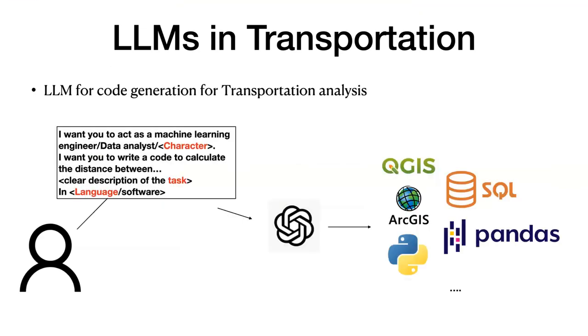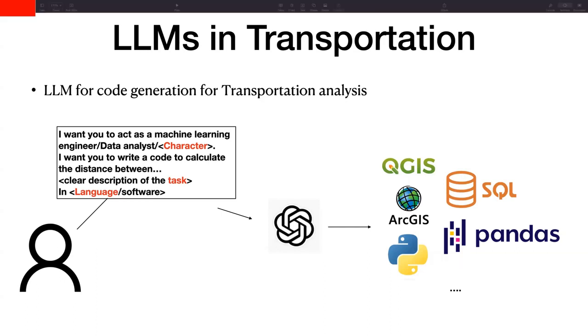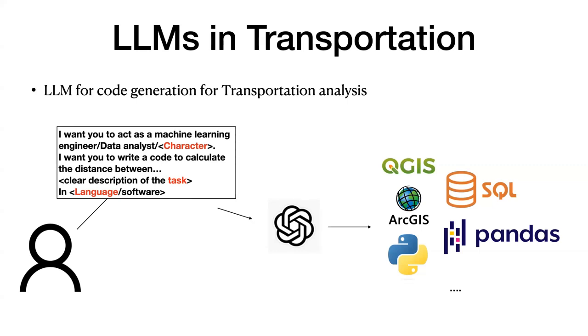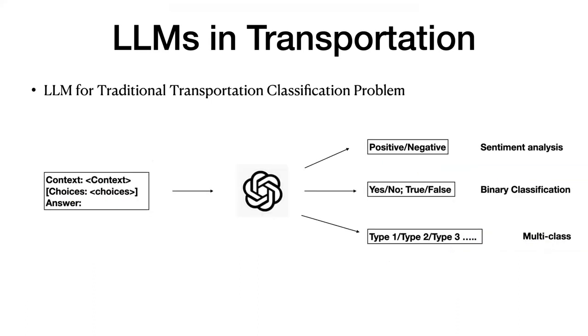You can also ask the large language model to generate code for transportation analysis. For example, you want to visualize some data in a data frame, and you specify the task and the language you want the GPT model to generate, and then boom, there's the code script you can use to make the visualization.